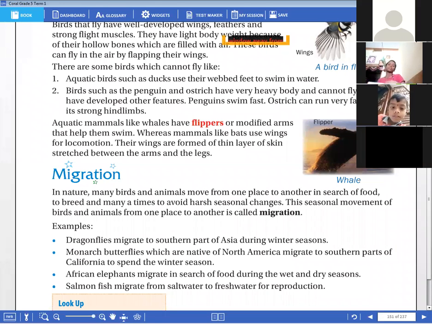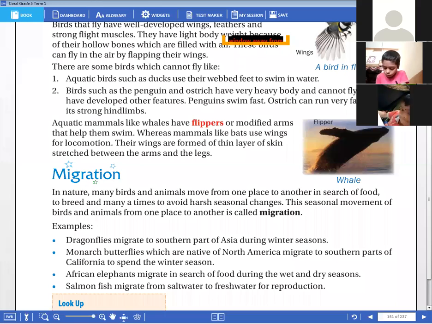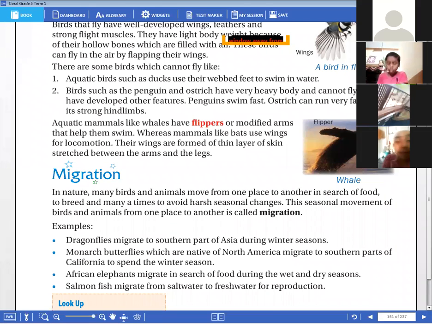Rivers and lakes flow towards the ocean, so against the flow it is very tough for the fish to swim, children, even though it tries to come from salt water to fresh water for reproduction. Reproduction is nothing but to produce its own kind, to lay eggs, so it comes back to the fresh water.